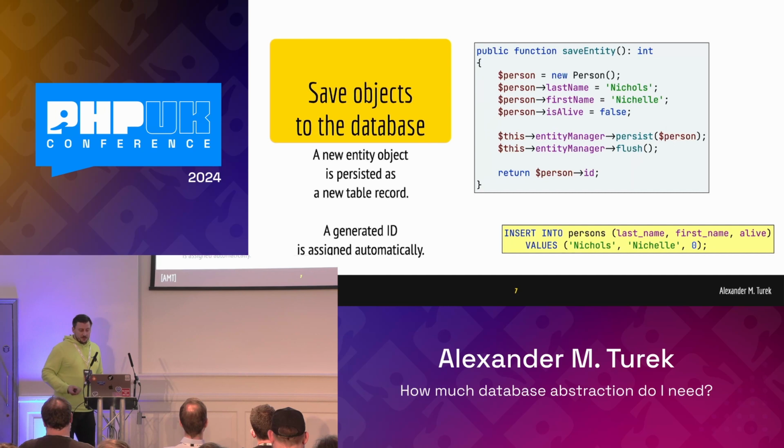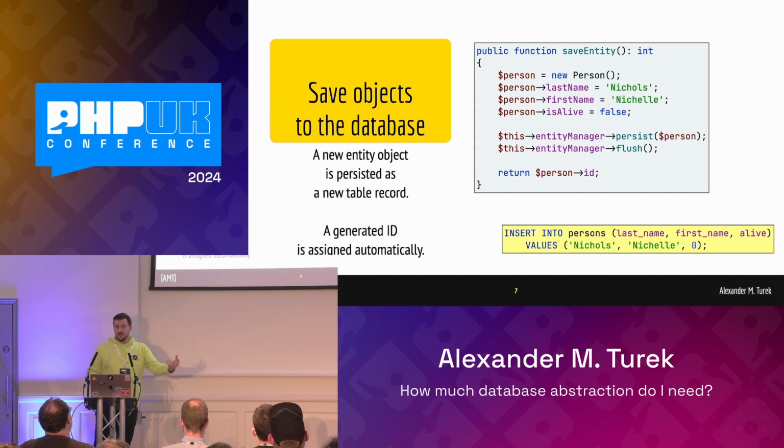So now that I've mapped it, what can I do with it? I can persist new data in the database. I just create a new instance of my entity object, populate all the properties that I want to populate, and then I hand this object over to the entity manager. I say, hey, this is a new object, please be aware of this. The entity manager will remember this object.